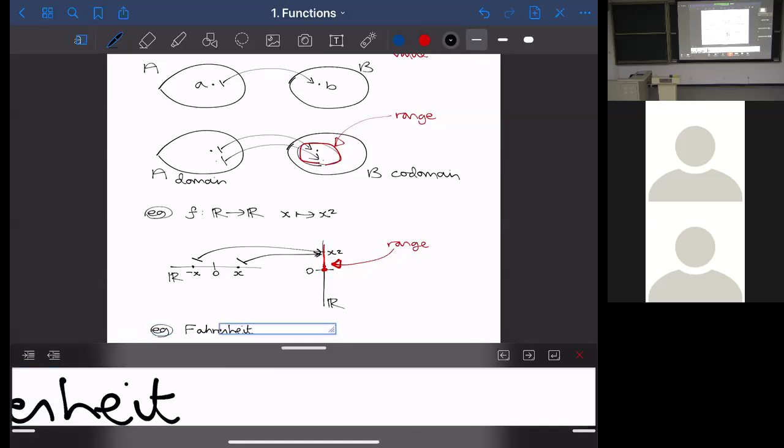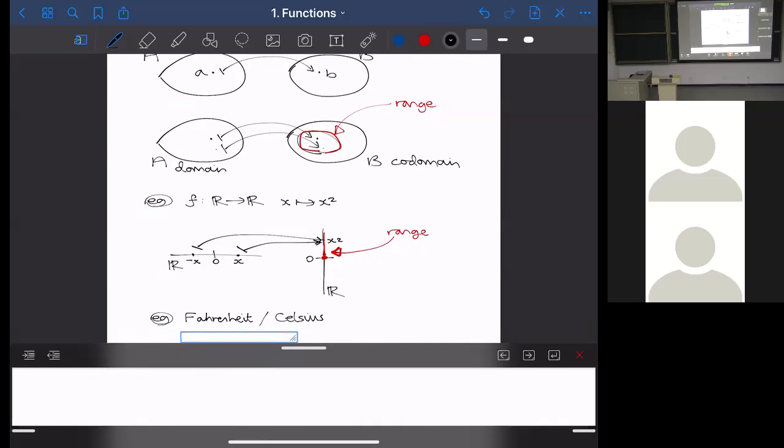Ways to measure temperature. The Fahrenheit scale and the Celsius scale.